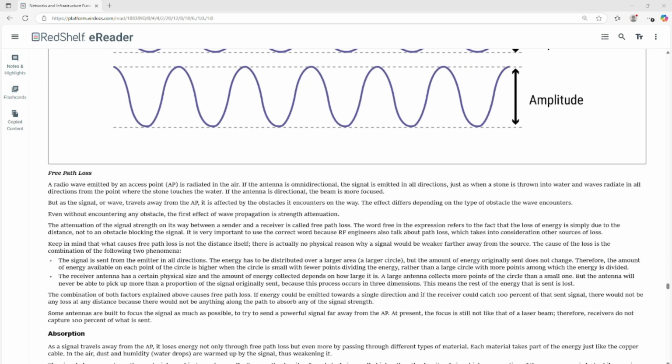Free path loss is simply defined as the loss in signal strength of a signal through free space. A radio wave emitted by an access point and radiated in the air is an example.